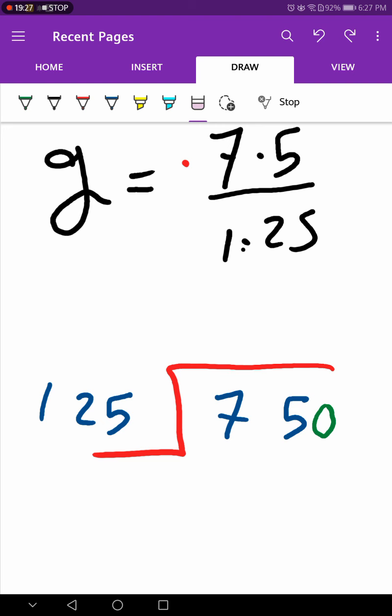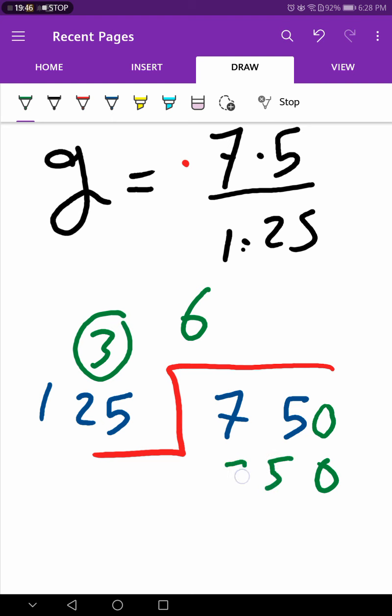How many times? Let me try 5. 5 by 5 equals 25. Let's try 6. 6 by 5 is 30, 6 by 2 is 12. So it's 750.